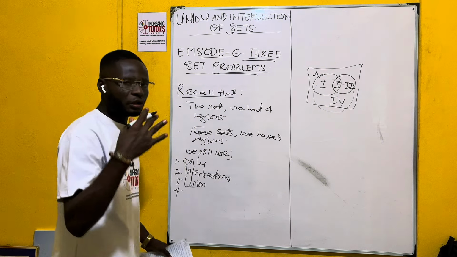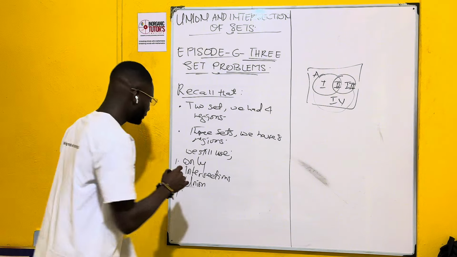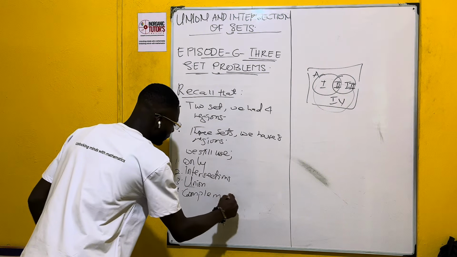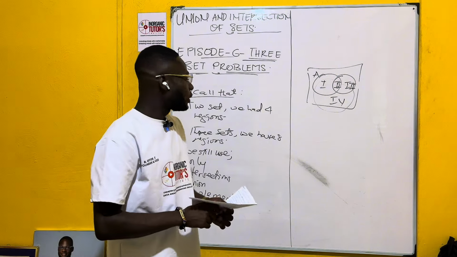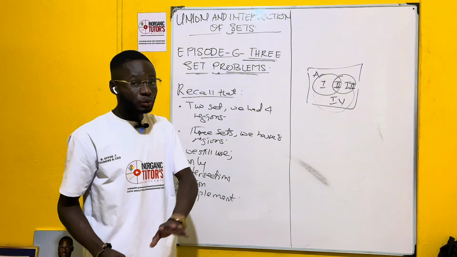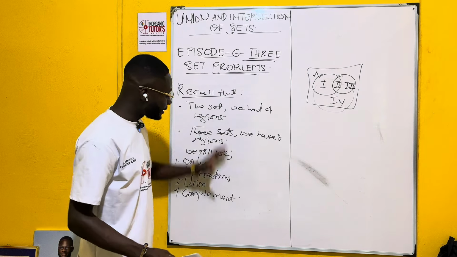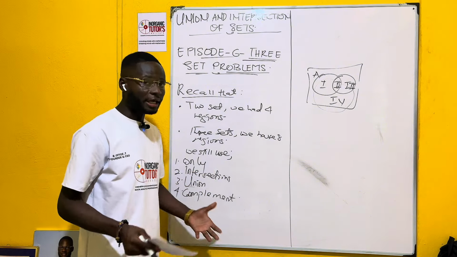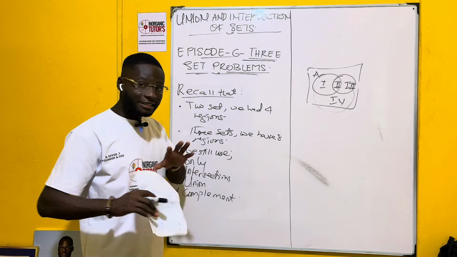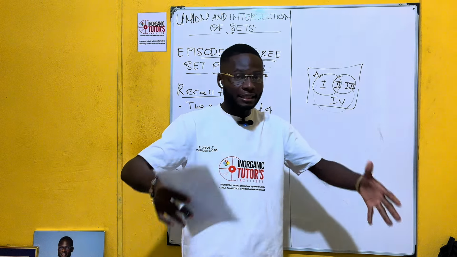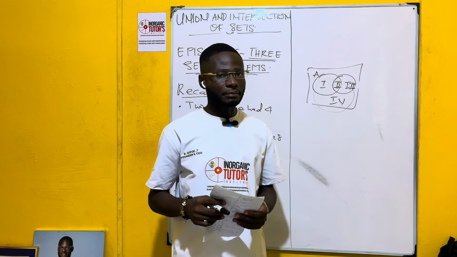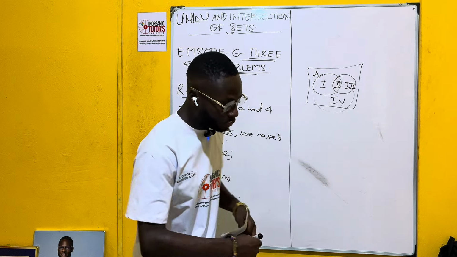And then you also hear complement. These are the terms that we heard in the 2 set problem, and they are the same things that we are going to hear in episode 6, the 3 set problem. It's just that this method, or the understanding, is a bit deeper than the 2 set problem.